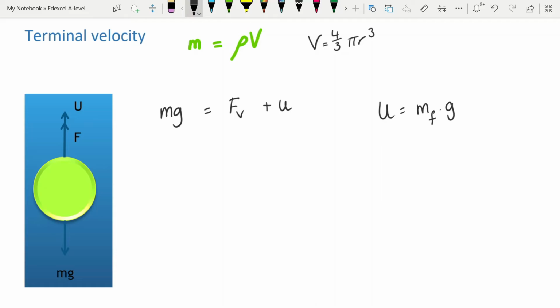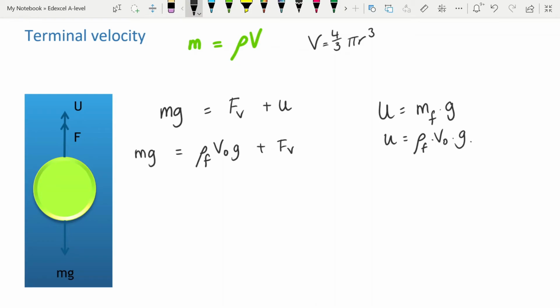But let's remember that the mass of the fluid is the density of the fluid times the volume displaced. And the volume displaced is the volume of the actual object that's in there. So again, we're going to solve that. Upthrust, we have the density of the fluid times the volume of the object times g. And so we can substitute that into our equation.